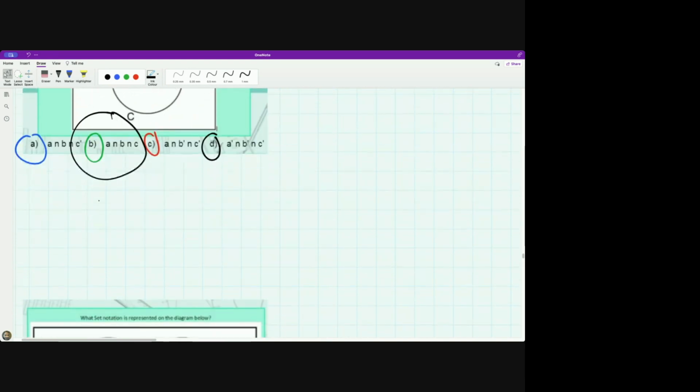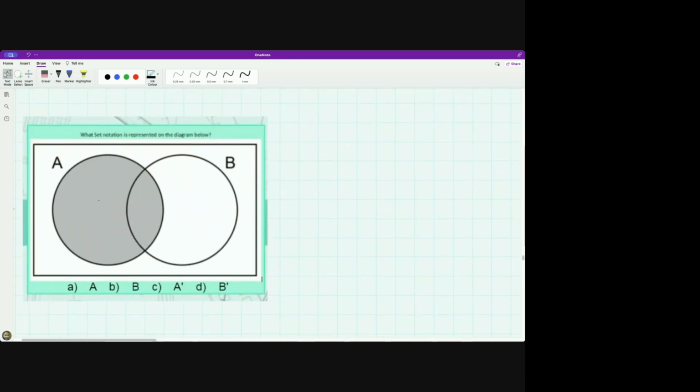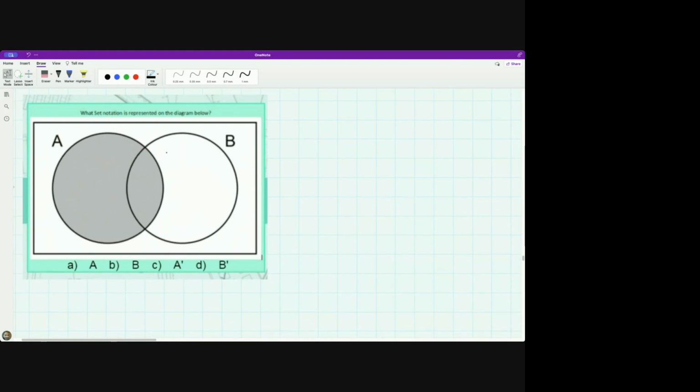Okay, let's see if I can find one more and then we are done. How would you describe what represents that shaded region?